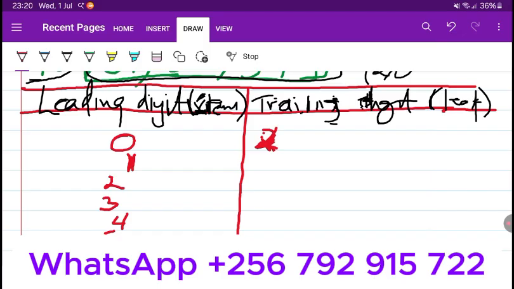Then we go to 1. When you go to 1, the first value was 13. So the leading digit is a 1, then the leaf is 3. So we start with the 3. But there are 2.